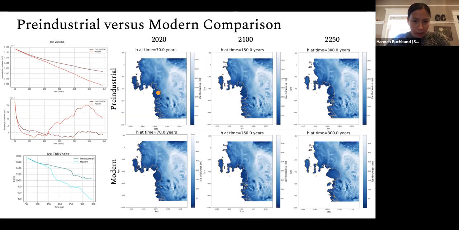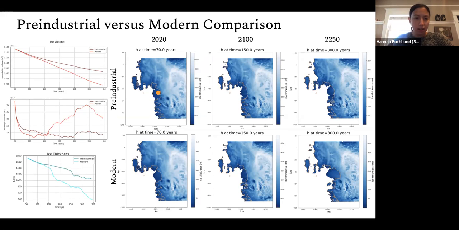And then on the right side, we have this time series of maps for both pre-industrial and modern data with the years shown above. And you can see how the differences between the two modeled ice sheets increase over time, particularly in the way of grounding line retreat shown by that tan or gray line. And it retreats substantially further by 2250 for the modern, on the order of 100 kilometers maybe.